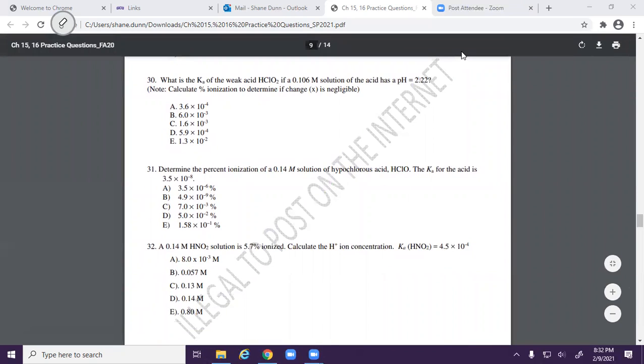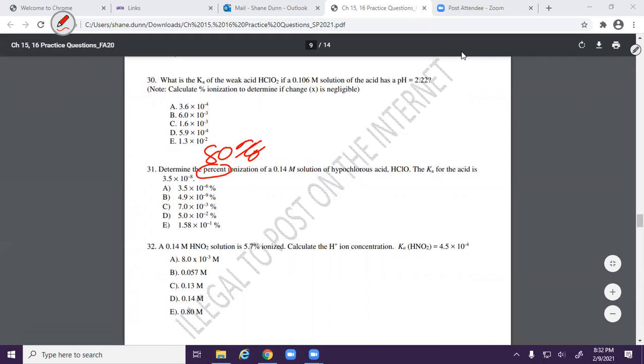31, determine percent ionization. So what is percent? What does percent mean? If you got an 80% on a test, what does that mean? Partial, right? Something out of a whole.